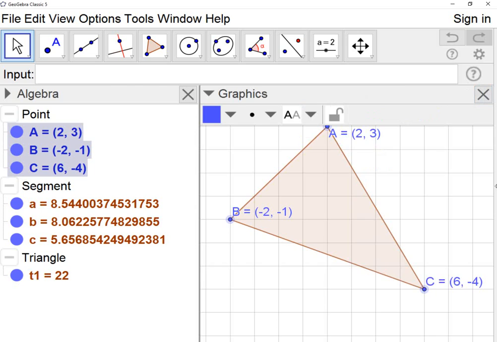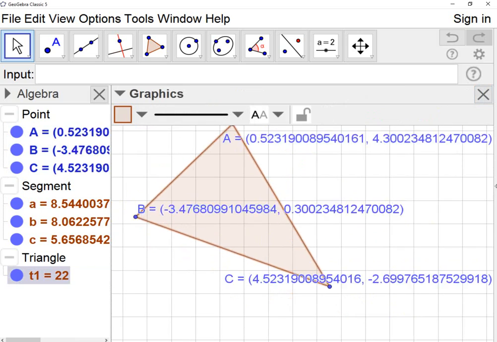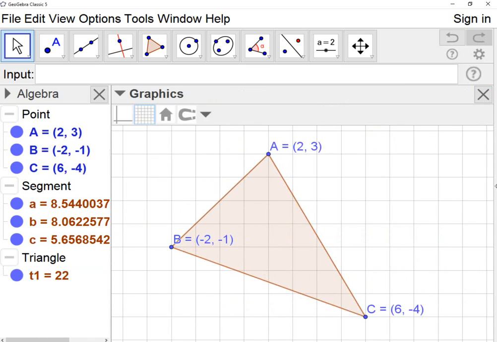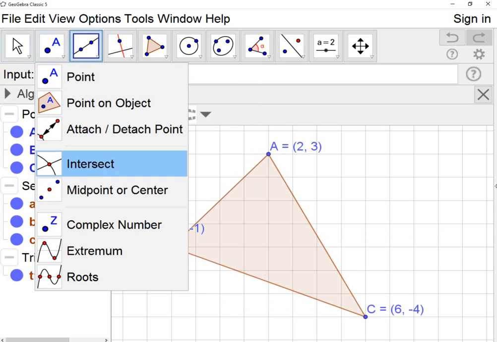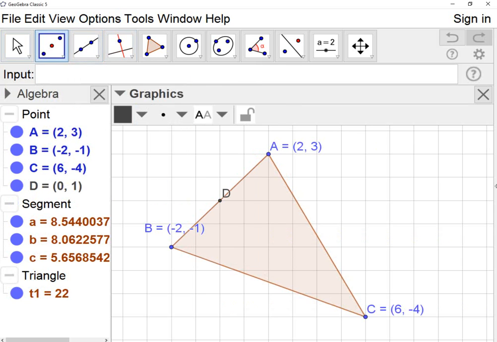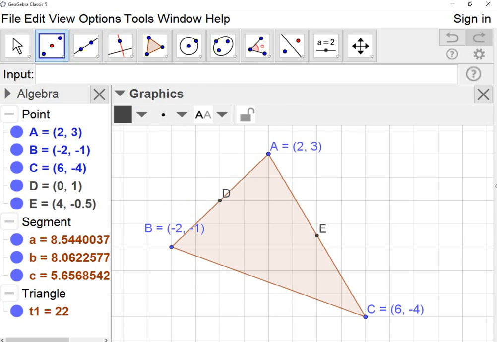So if that's the triangle I gave you, without the formula that I just provided, what you would need to do is find this midpoint, and you would need to find that midpoint.